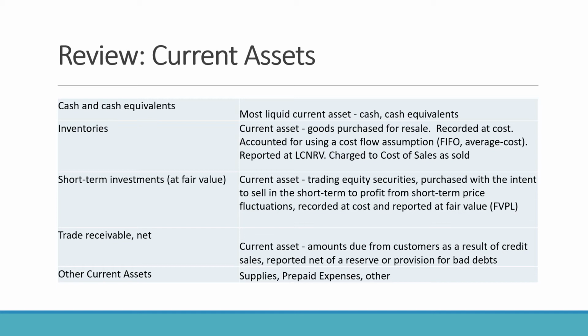So this might be prepaid insurance, prepaid advertising, prepaid rent, and so on. In all of those cases, the prepaid expense is not an expense account. Prepaid expense is an asset because the payment is going to benefit future periods.